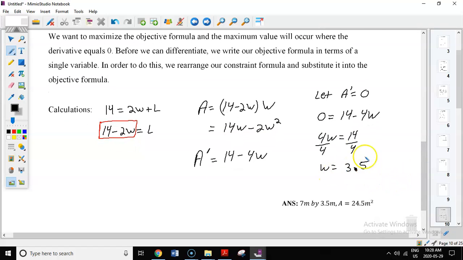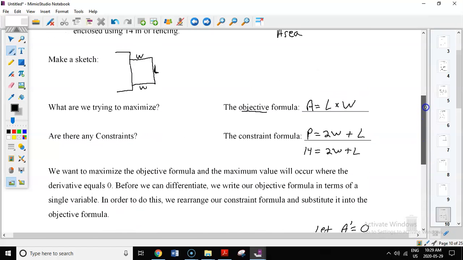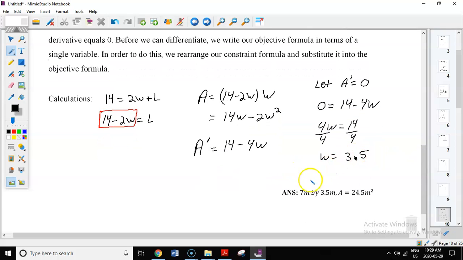Okay, so that gives me the max or the best width to maximize the area. We go back to our formula. If the width is 3.5, so the length, right, we can go back over here. The length is equal to 14 minus 2 times 3.5, which is 14 minus 7, which is 7.